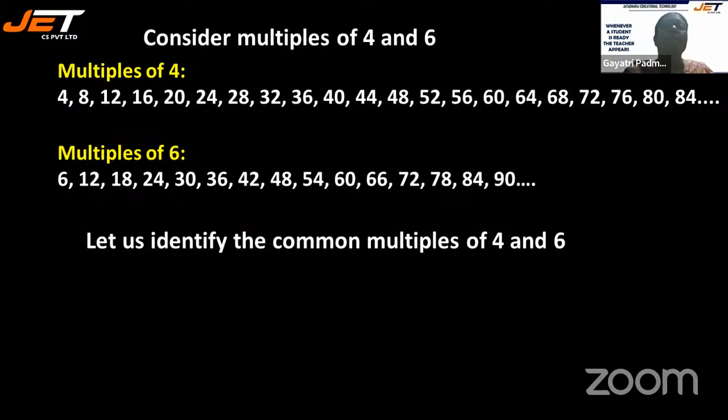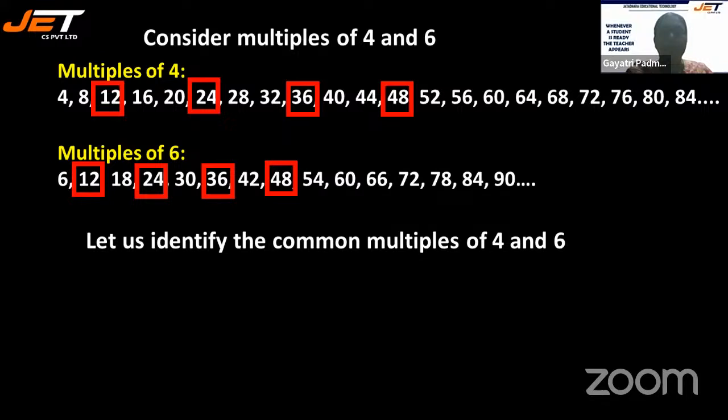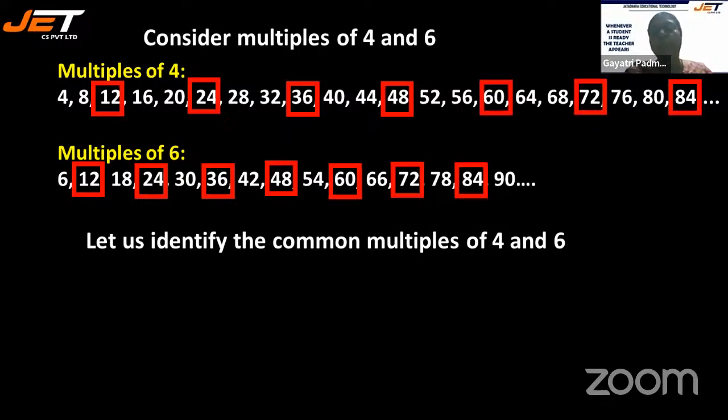Now, in this, let us identify the common multiples. All right. So what is it we are going to identify? The common multiples of 4 and 6. So here it has been highlighted as we can just find out, isn't it? 12. Then we have 24. Then 36, 48, 60, 72, 84, and so on.